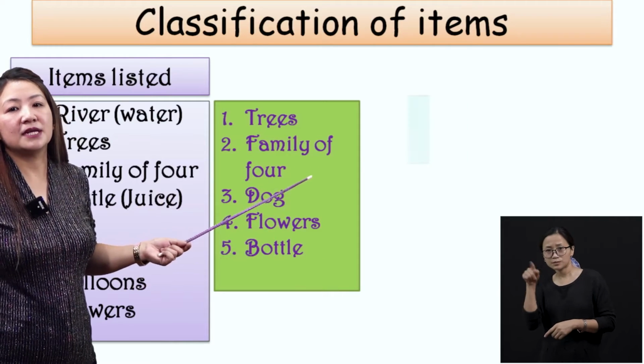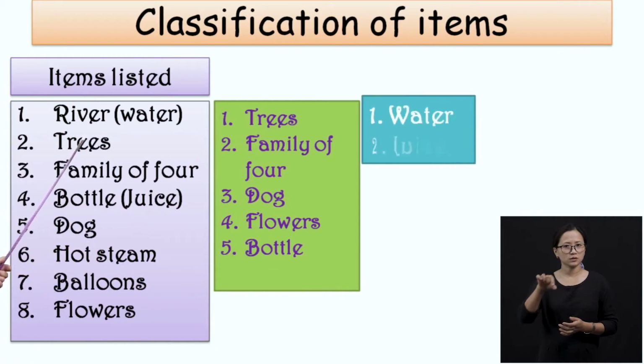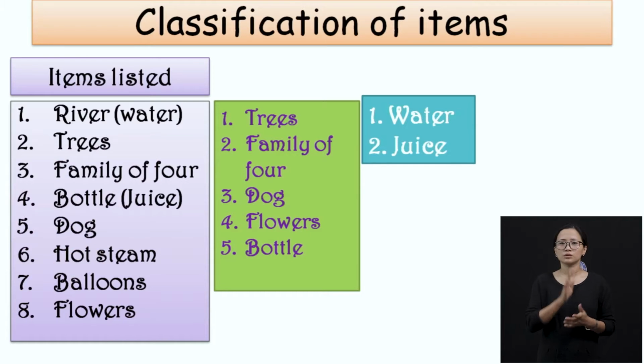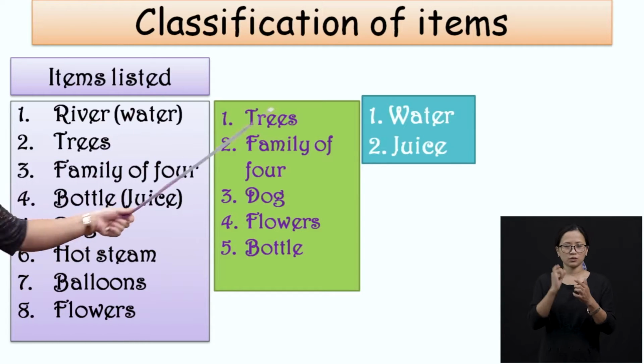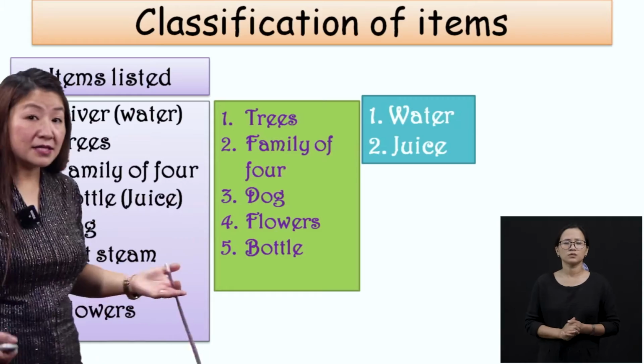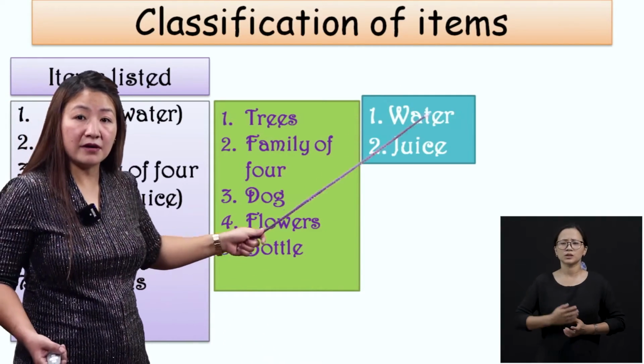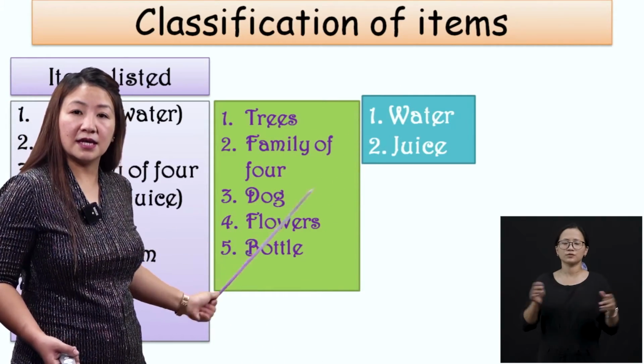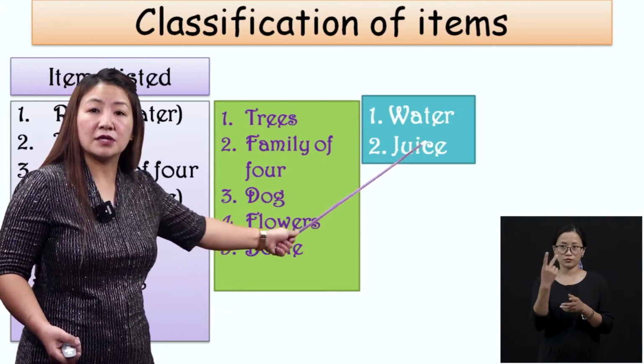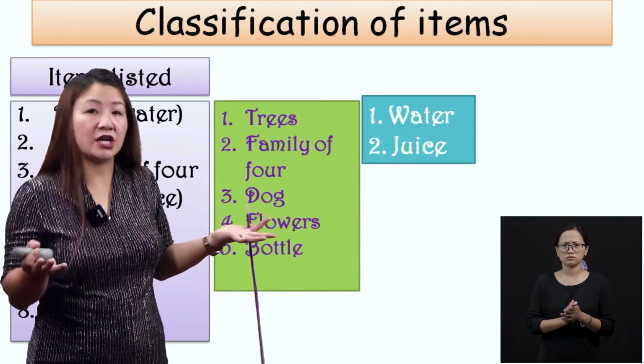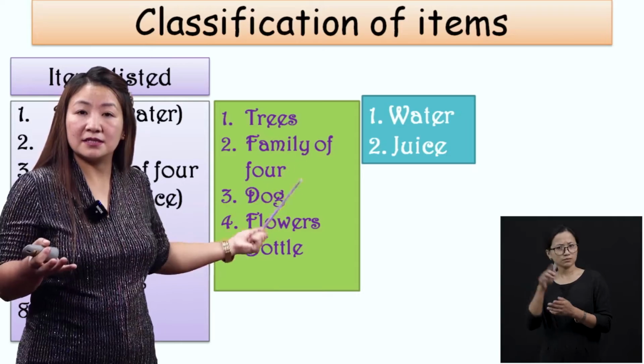And let us try to list out, yes, water and juice. See, river water. Water and juice, they are similar, yes or no? But they are very different from this, isn't it? They're very different from trees, family of 4, because water does not have a definite shape like all this.